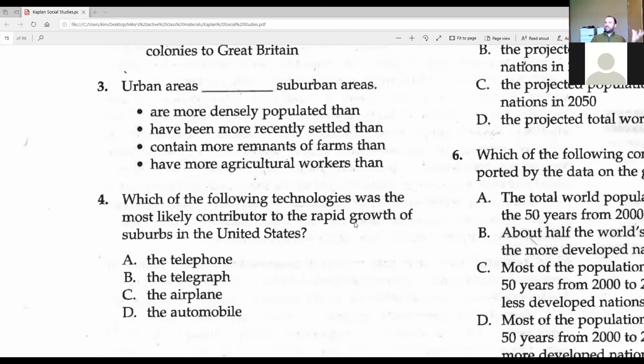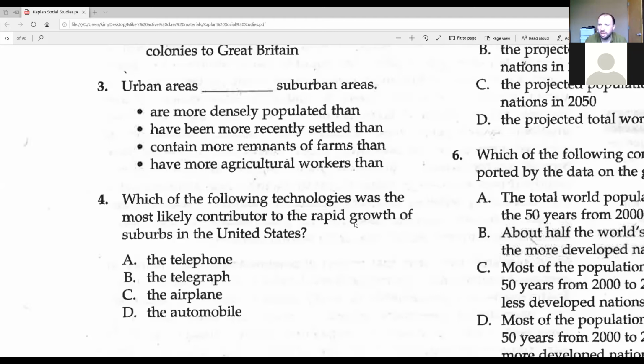If you didn't live in the cities, you were in the country, right? Out in the boonies. But which of these technologies does it seem most likely contributed to rapid growth of suburbs? A, the telephone, B, the telegraph, C, the airplane, or D, the automobile? Which one seems to make most sense?